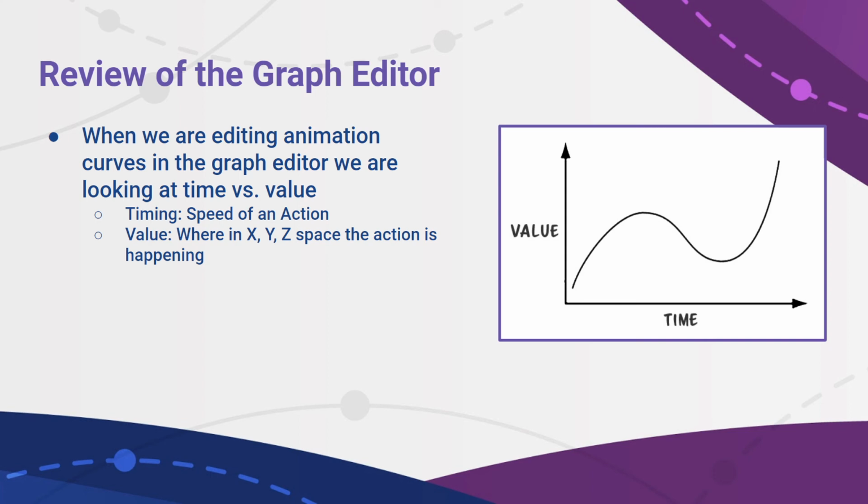Timing would be the speed of an action, and value would be where in space, XYZ, the action is happening.